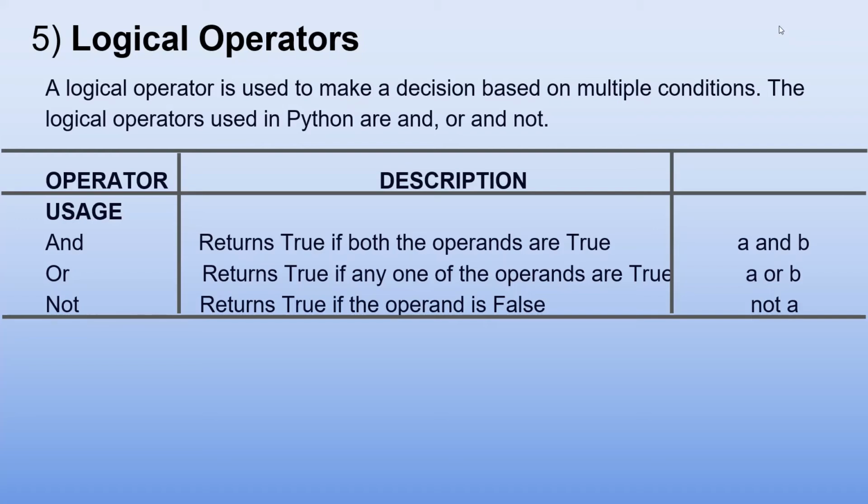Second, we have the OR operation, which returns true if any one of the operands is true. So A plus B, if it is true, then we will get true. Then third we have the NOT, which returns true if the operand is false, because it is negation.